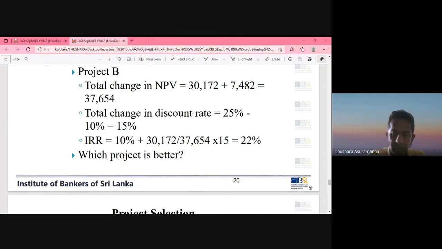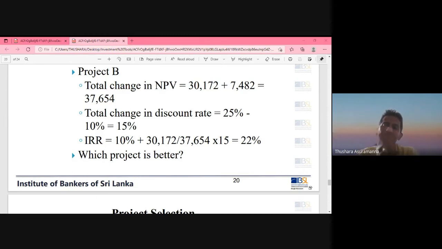That is the discount rate for weighted average. Is it clear? Because 40 you get at 15%, 60 you get at 10%, and total is 100 million.